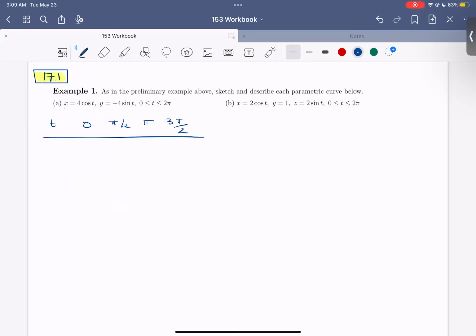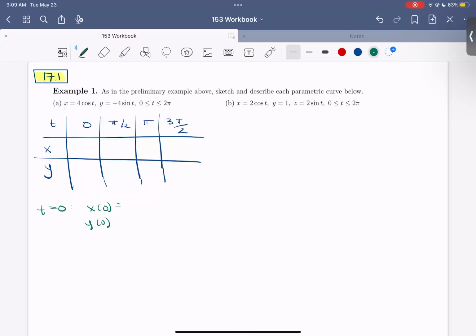Okay, so those are going to be our t values, and we're going to input them into our x and our y functions. Let's fill in this table so we can see where the points land on our curve. First, let's check out when t equals 0. We're going to look at x of 0 and y of 0. x of 0 will be 4 cosine of 0, and y of 0 will be negative 4 sine of 0.